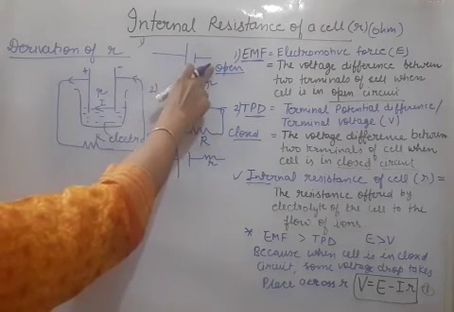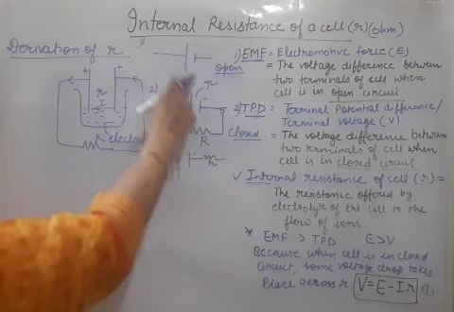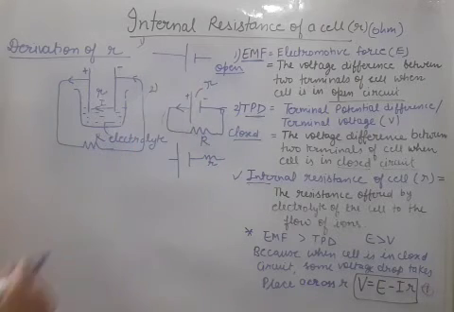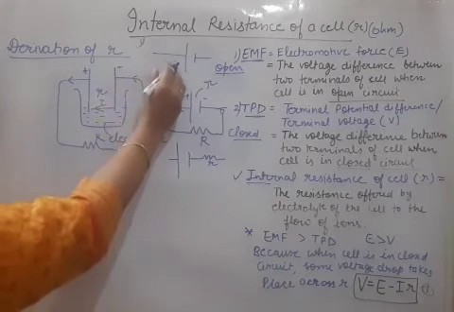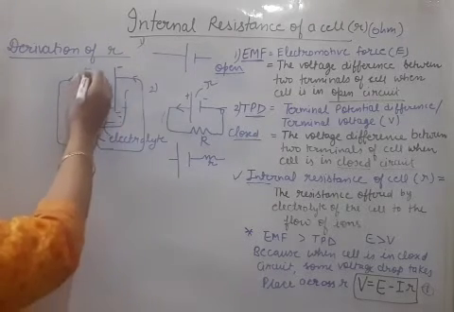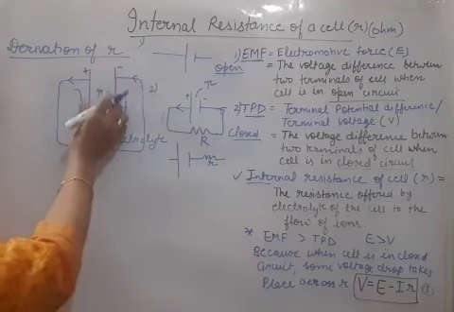Now, whether the cell is in the open circuit or in the closed circuit, it will always provide a potential difference. Why? You can see, as we have discussed before, this side is the positive rod and this side is the negative rod in the cell.